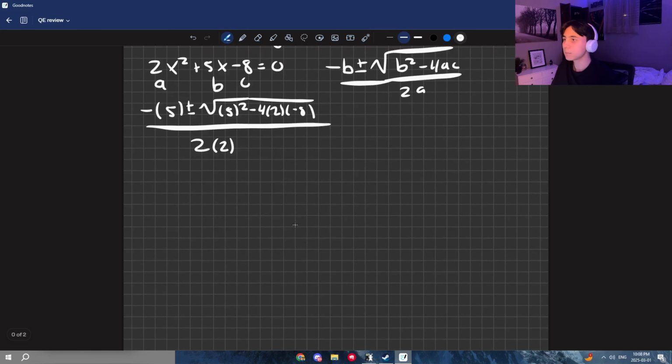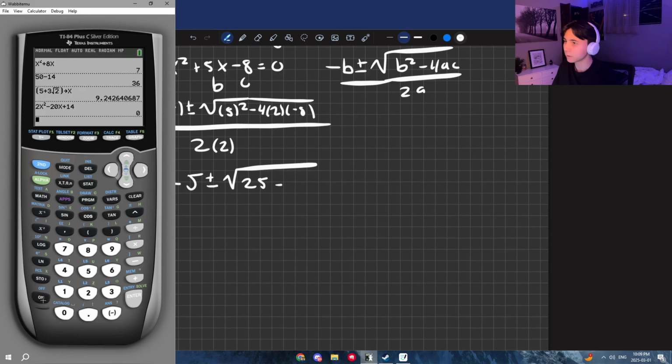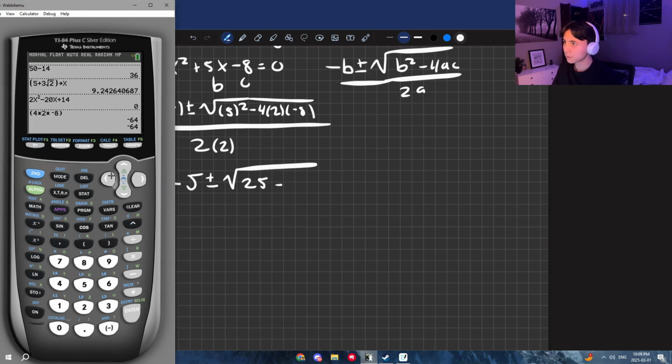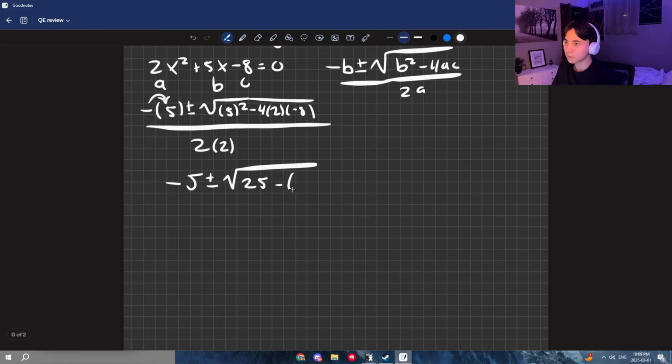So we can begin to simplify this now. This multiplies onto here. So we get negative 5 plus or minus the square root of 25 minus 4 times 2 times negative 8. So 4 times 2 times negative 8 gives us negative 64, all over 4.